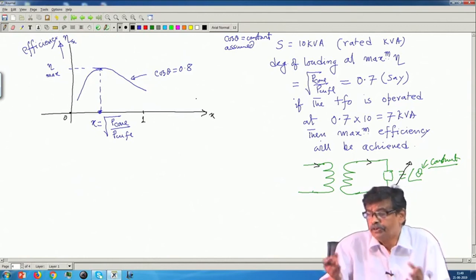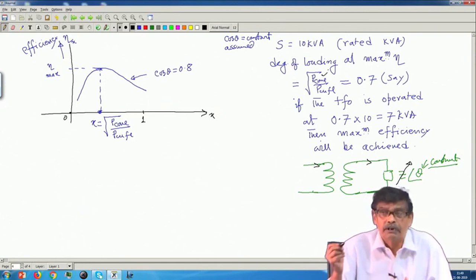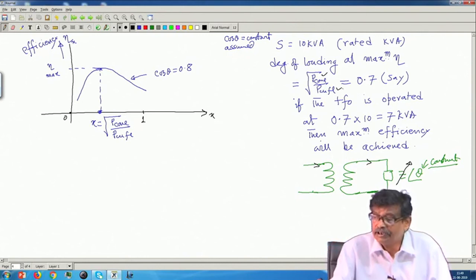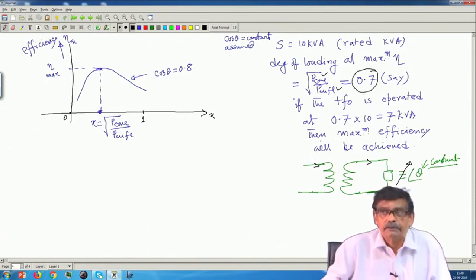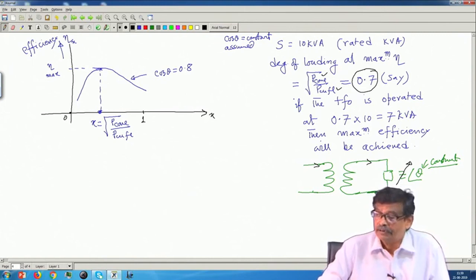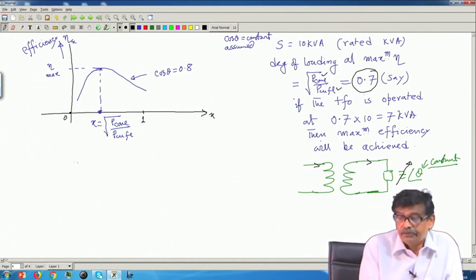Given a transformer, you do this, note down the wattmeter reading from the open circuit, short circuit full load reading, very simple, these two tests, take this ratio and you will come to know about this number. But I am asking as a user of the transformer, at what value of x we would like to have maximum efficiency to occur.